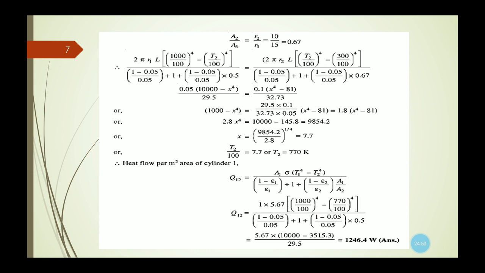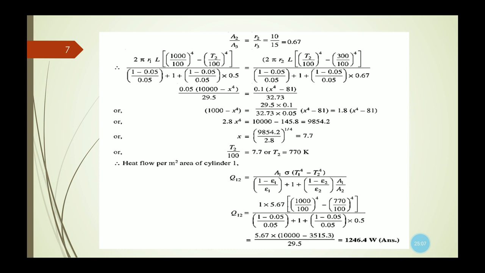So it is seen that only the value of T2 remains to be found here. Several steps are needed.